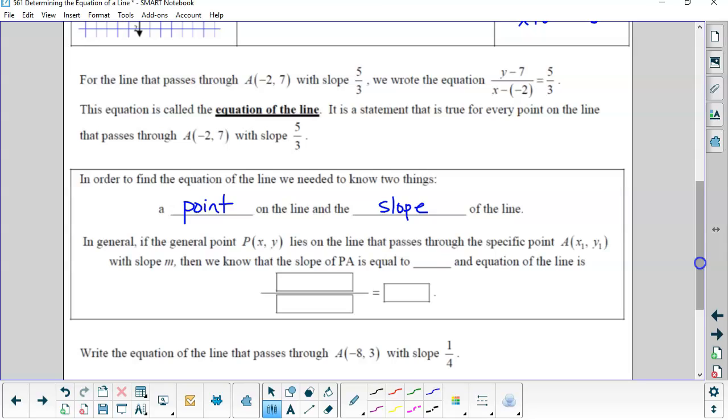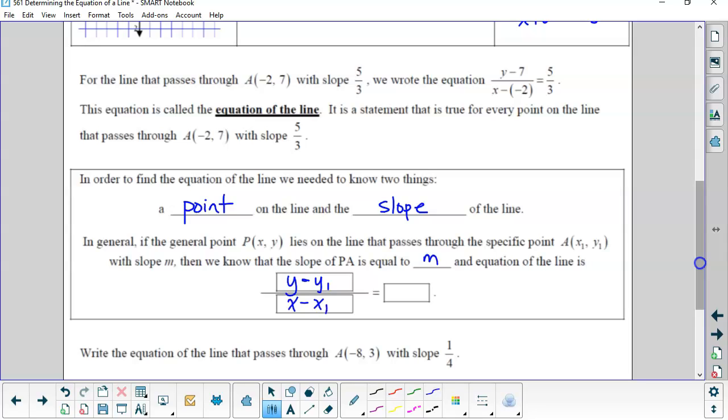So in general, if the general point (x, y) lies on the line that passes through the specific point A with slope m, we know that the slope of PA is equal to m, and the equation of the line is y minus y1 over x minus x1 equals m.